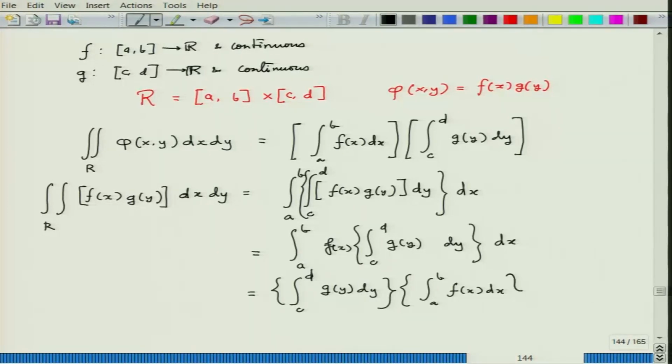So that's it. This is the use of the iterated integral technique.